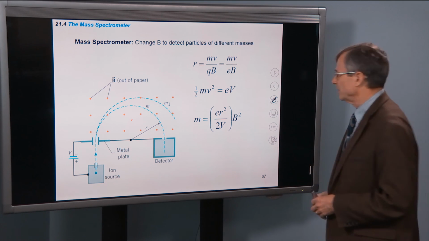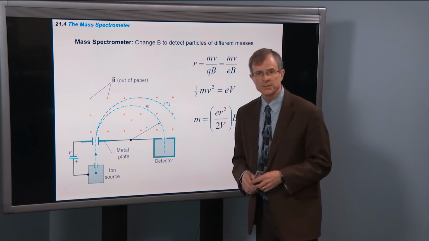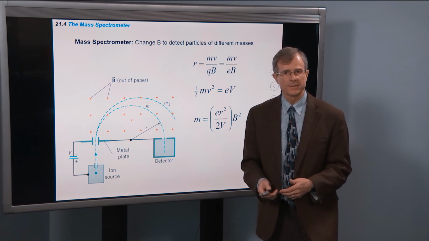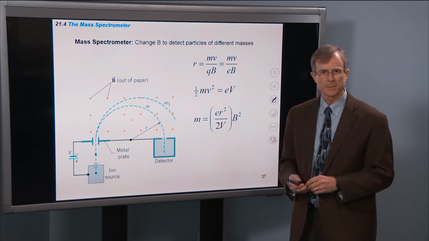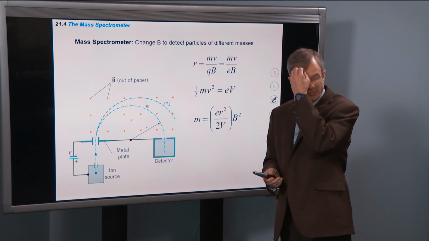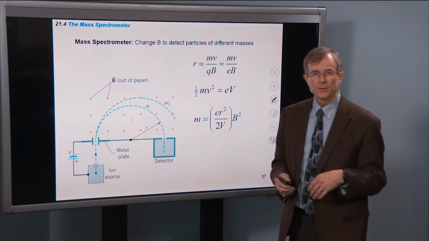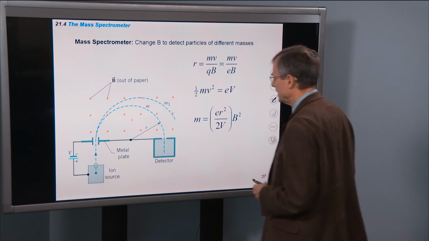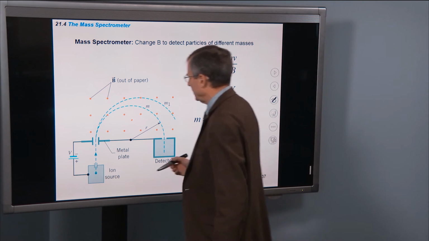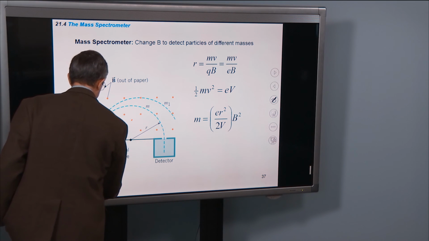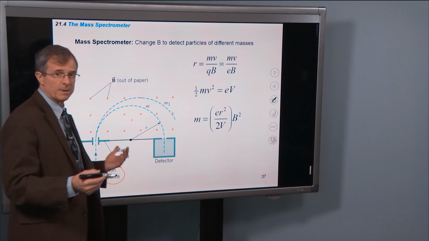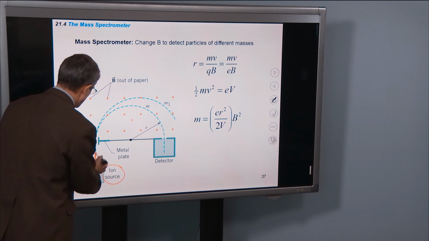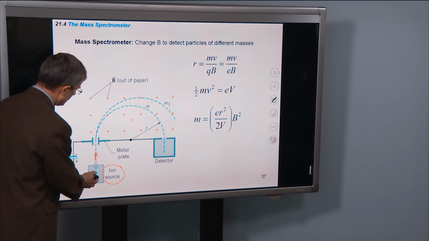Mass spectrometer, a very important application, and for you chemists out there, those that have worked in labs, some have dealt with mass spectrometers. Very expensive, but very, very powerful. They're used to determine the mass of particles. And how do they work? You have a source of ions here, you produce them somehow, and they are accelerated through a potential.